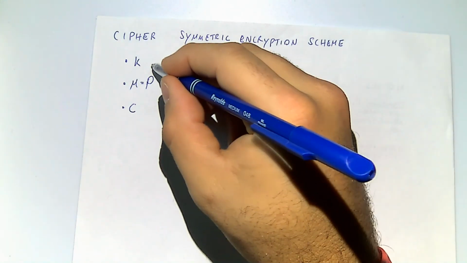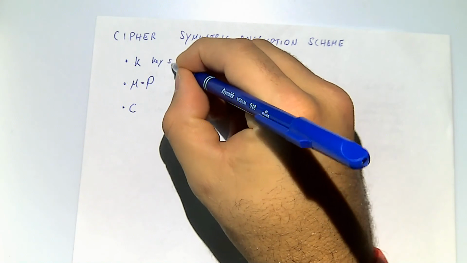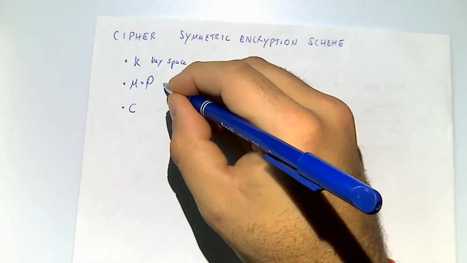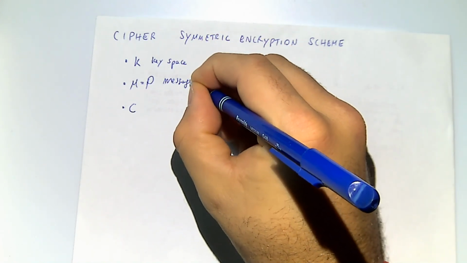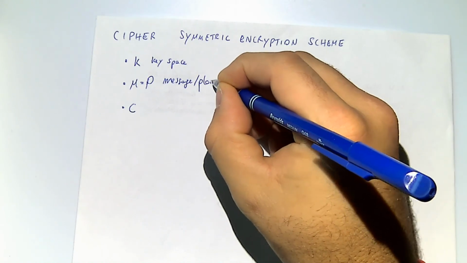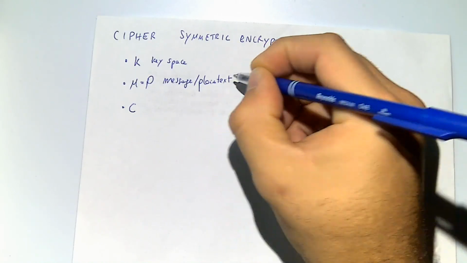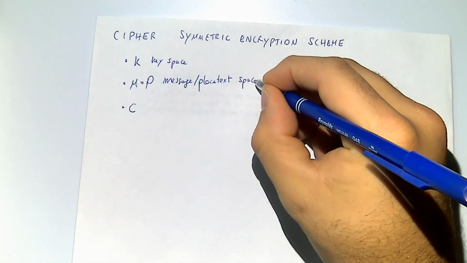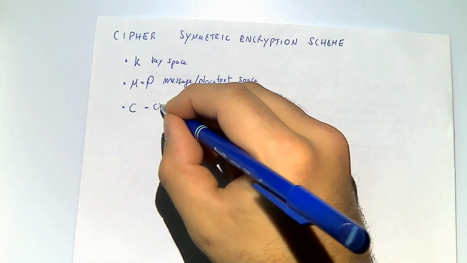This is the key space, this is the message or plaintext space, and this is the ciphertext space.